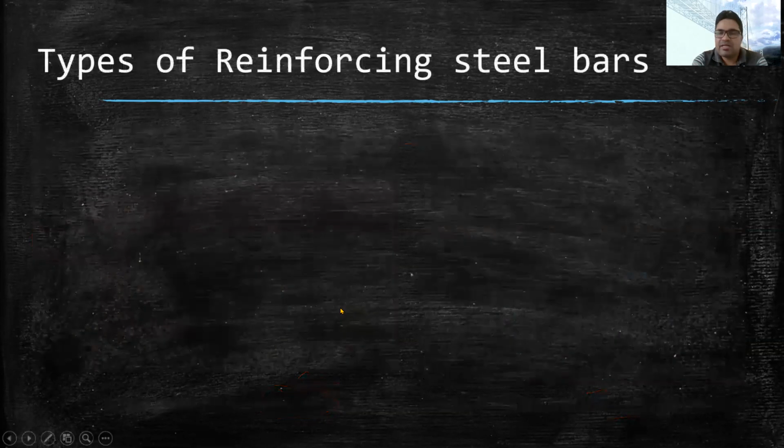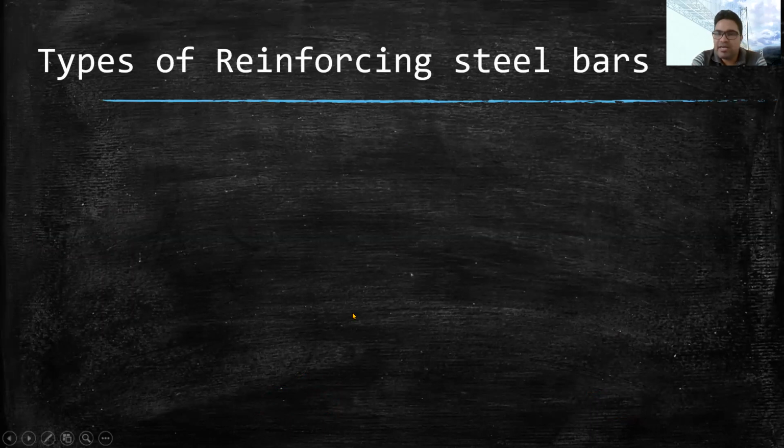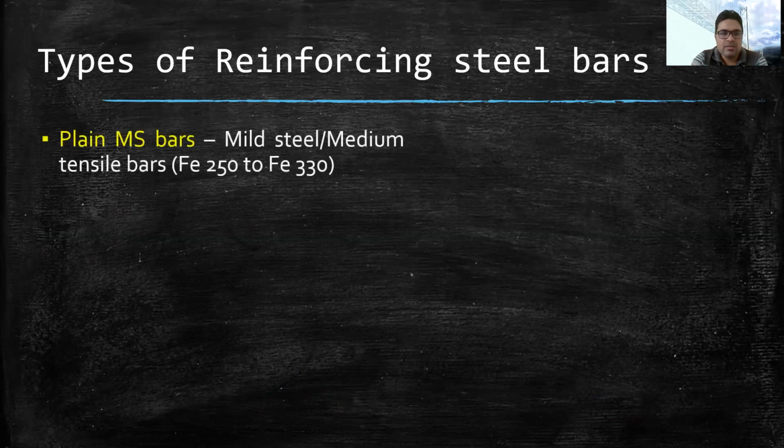Now we will see some different types of reinforcing steel bars that are used at the construction site, and which one is used nowadays. Plain MS bar, I have already shown you in the previous slides. Plain MS bars are a type of mild steel and medium tensile bar, and their grade is Fe250 and Fe250 to 330.